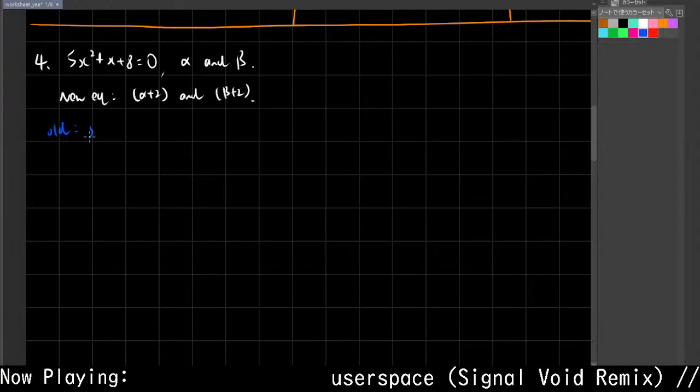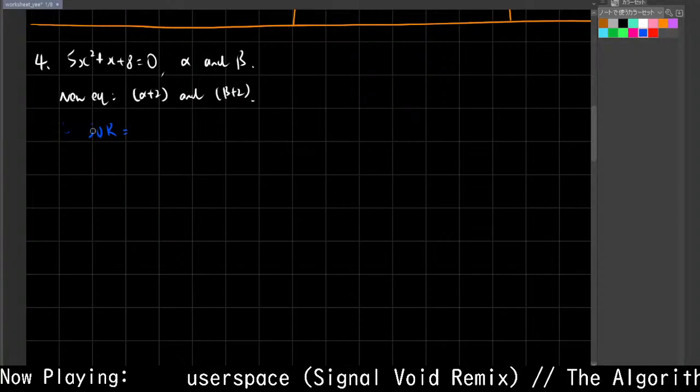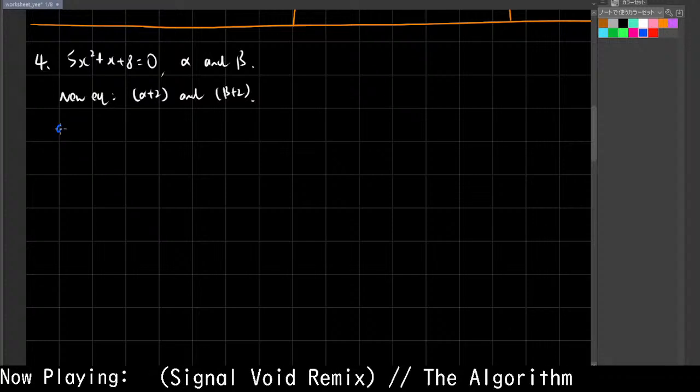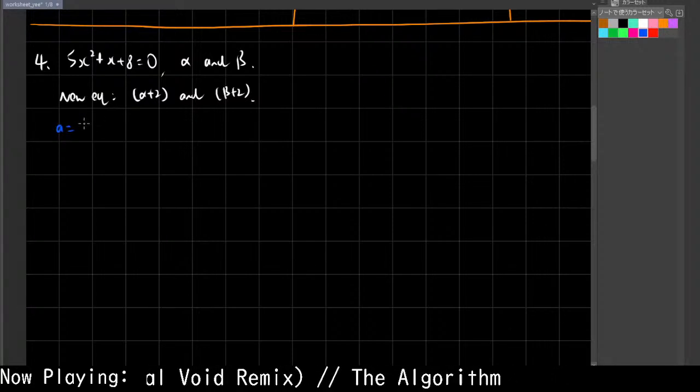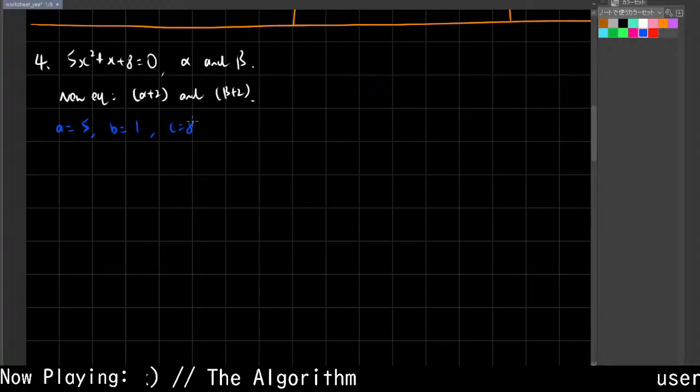Our old SOR is equal to, let's write out the coefficients first, then you can substitute them directly. The coefficients of your original equation: a is 5, b is 1, c is 8.